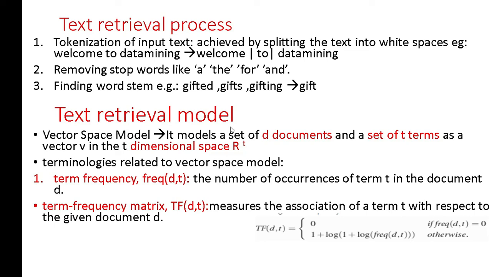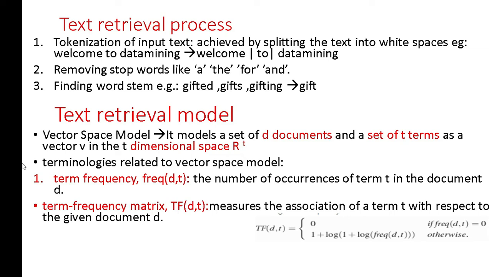Now, the text retrieval model. The text retrieval model is the vector space model. It models a set of documents D and a set of terms T as vectors V in T-dimensional space R^T. The terminologies related to the vector space model are term frequency, which also comes with the term frequency matrix.